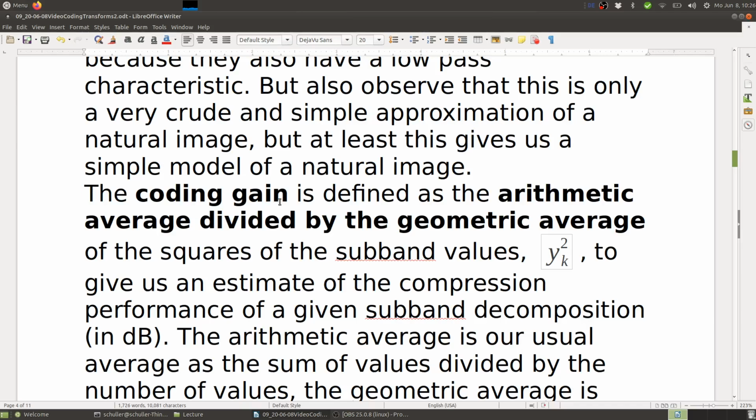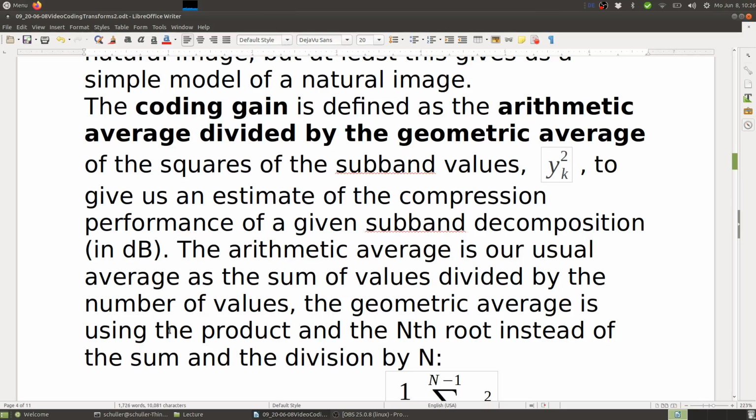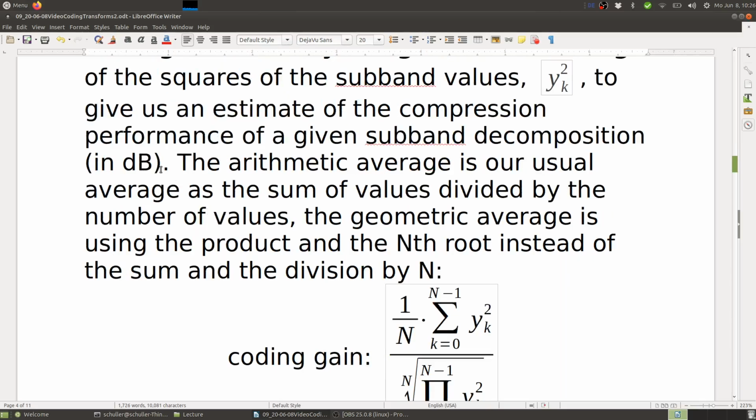Then the coding gain is defined as the arithmetic average divided by the geometric average of the squares of the subband values, y squared k, to give us an estimate of the compression performance of a given subband decomposition in dB. The arithmetic average is our usual average: the sum of values divided by the number of values.